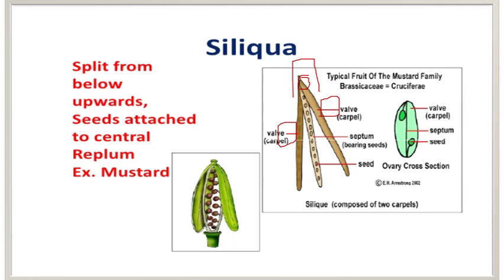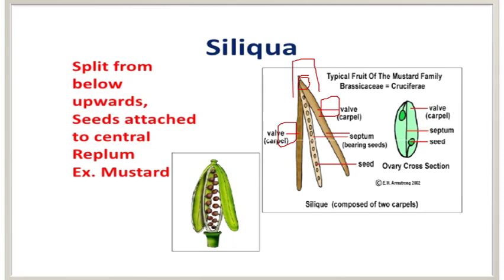So in silica, the ovary is unilocular, having a single chamber at first, but after that a false septum is produced, and this creates a multilocular ovary.